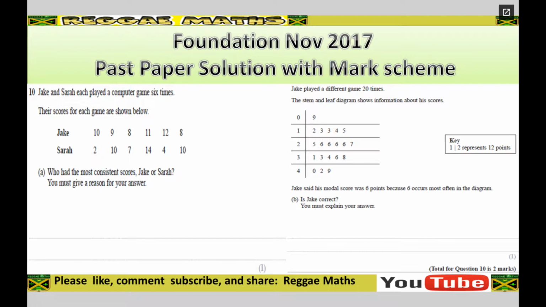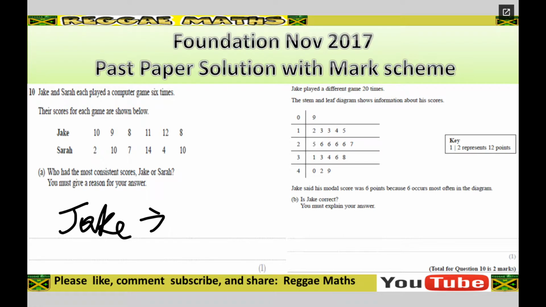If you look carefully, Jake's result is more consistent. So Jake is more consistent because if you look at the range for Sarah, you can see she got 2, and she got 14. If you look at Jake's result, they are more consistent because the numbers are very close to each other.